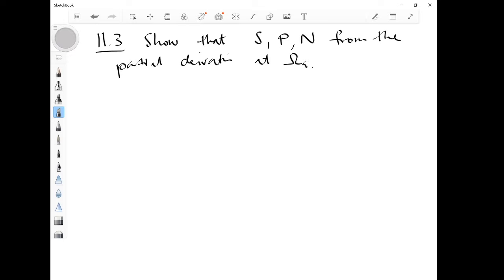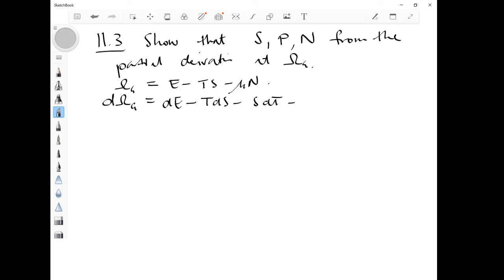And so this is essentially just classical statistical mechanics. So we just have this term here, actually let me just write, the gram potential is equal to E minus Ts minus mu n. And so the derivative will be dE minus T ds minus S dt minus n d mu minus mu dn.